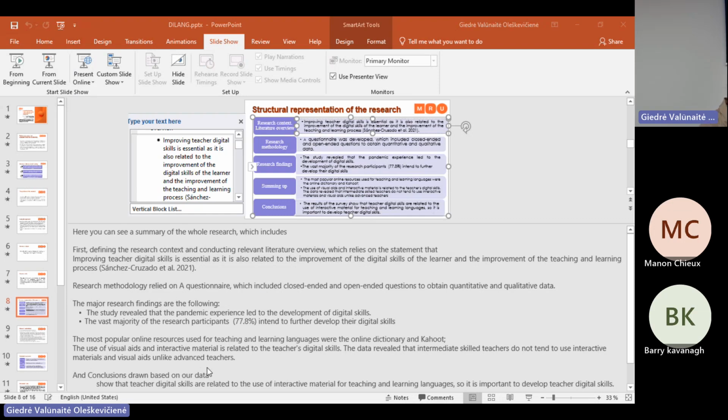The conclusions of our research were that teacher digital skills are related to the use of interactive material for teaching and depend on that interactive material, and they are important for teachers to be developed.